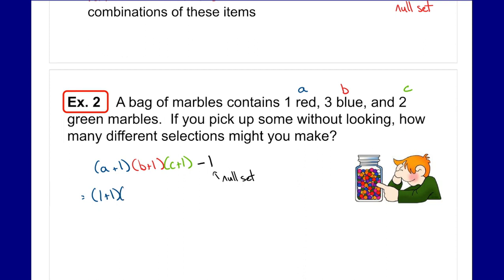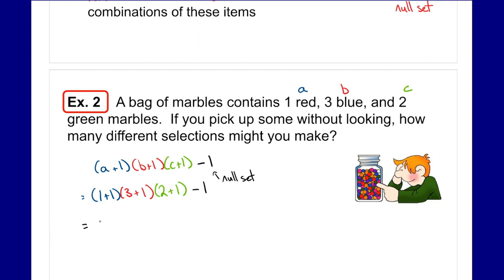And I'm going to multiply that by B plus 1, or the 3 blue marbles that I could pull, plus the 1 scenario where I don't pull any, multiplied by C, which is 2, the 2 green marbles, plus the 1 scenario where I don't pull any, and then I'm subtracting 1, again because of the 1 scenario where none of the marbles are selected, so I don't want to have that option.